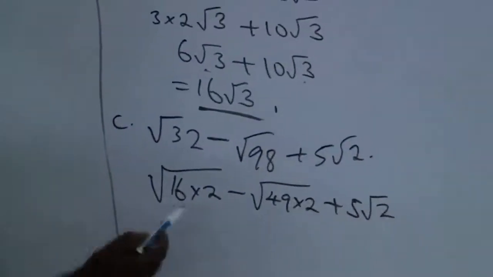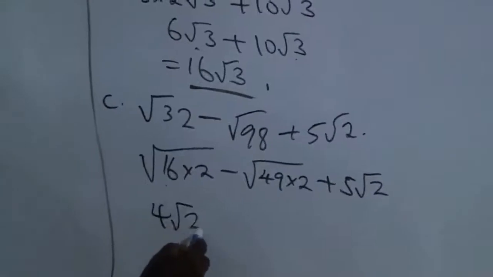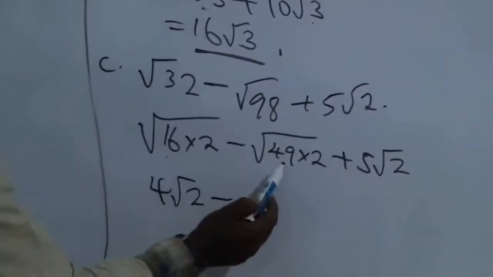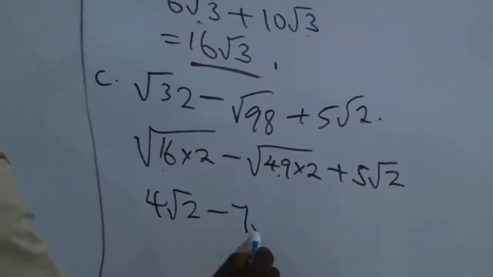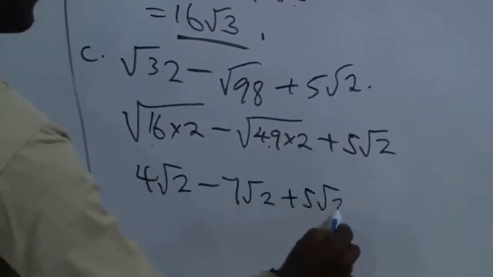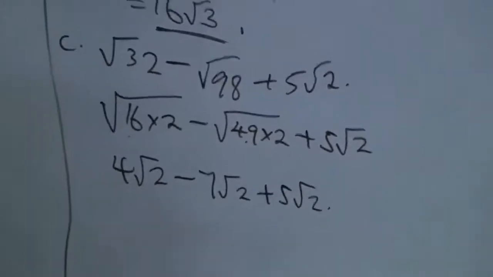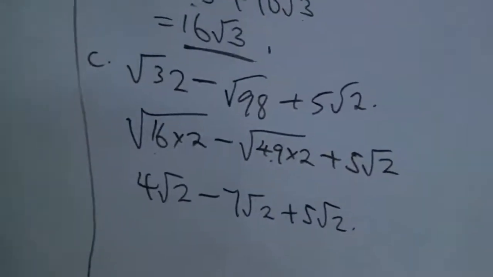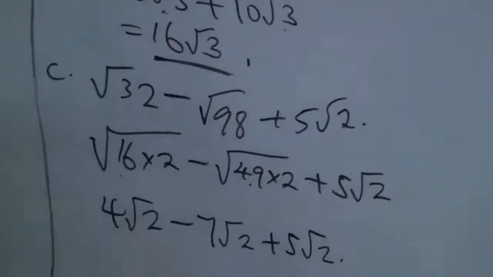Then what is the square root of 16? We have 4 root 2. Square root of 49, 7 root 2, and plus 5 root 2. So to be on the safer side, we can add before what? Subtract.